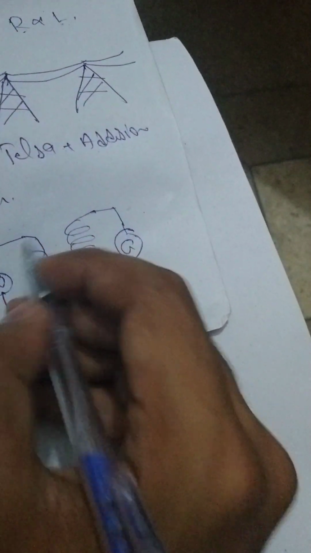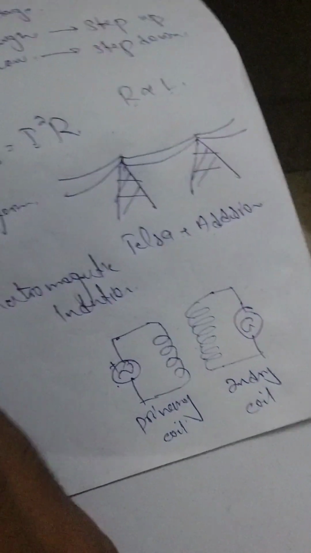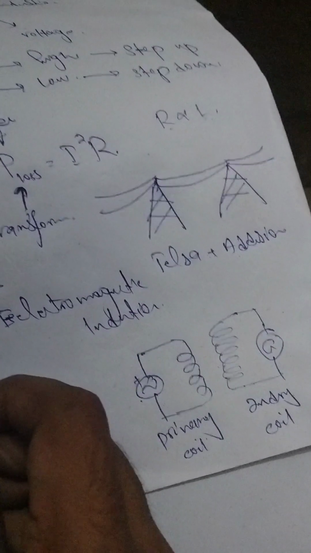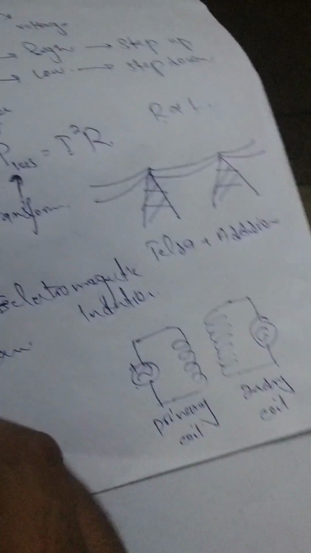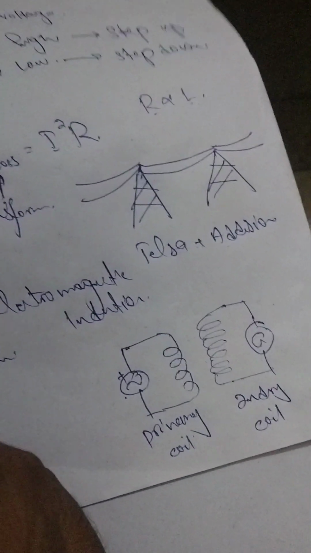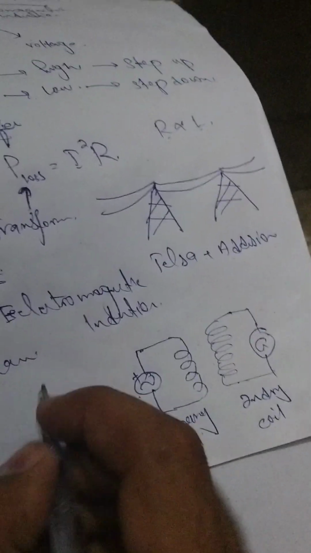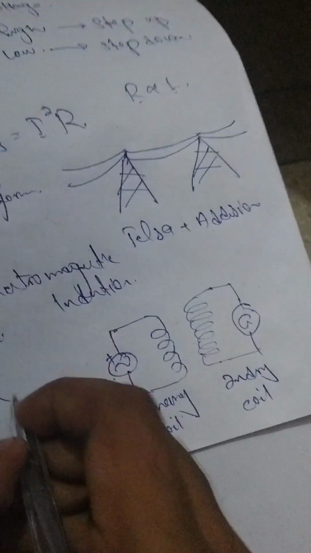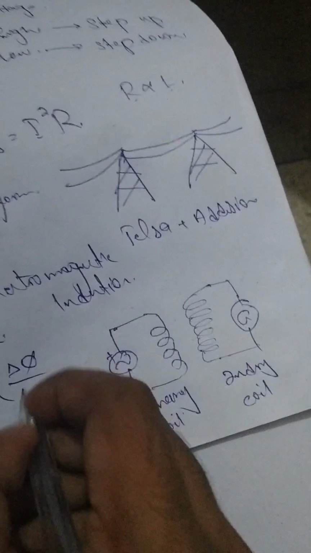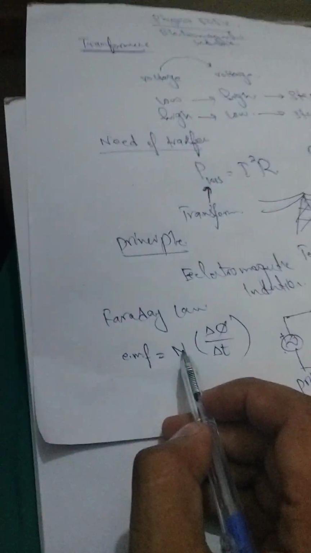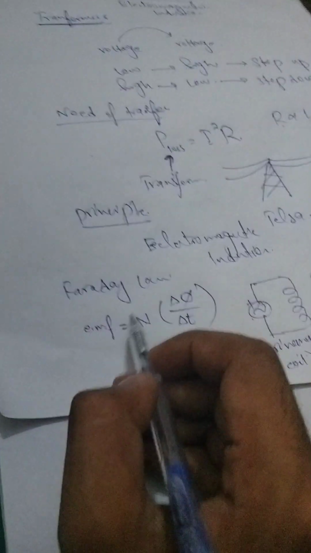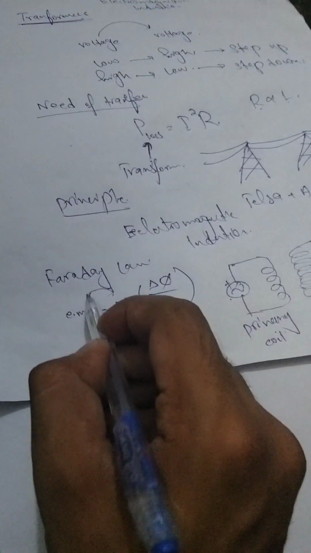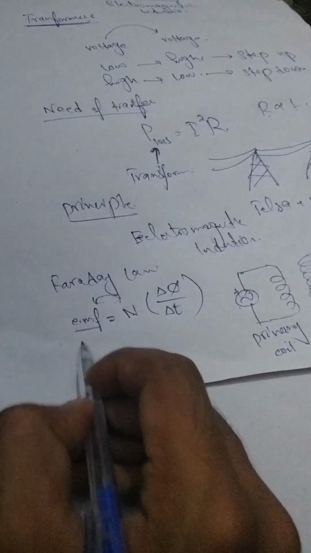So if we look at the mathematical expression of Faraday's law, the EMF, electromotive force, which is the potential, is directly proportional to the number of turns and to the change in the flux over the time change. So as you can see, the number of turns has a direct relation with the voltage or electromotive force.